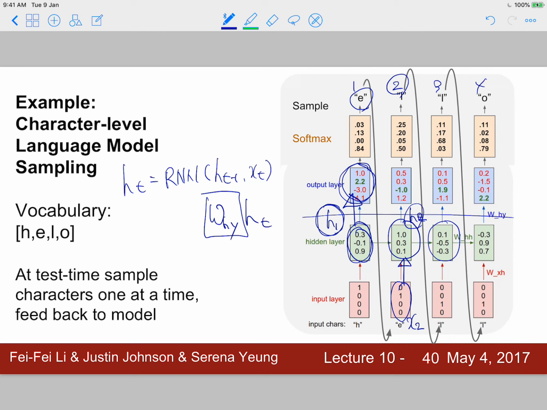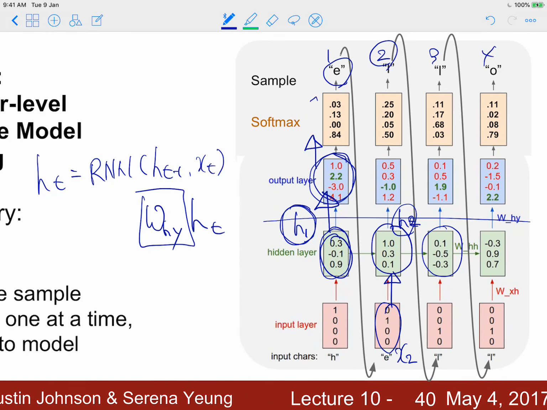Then we stack another layer of a softmax to produce the probability over all the possible vocabulary words that we have. In this case, we have 4 unique characters in our vocabulary, so we produce this 4-dimensional softmax or probability vector.